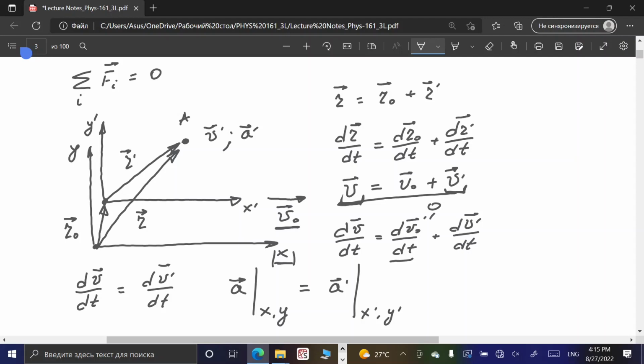So, highlighting these features of inertial systems of coordinates and references, and also how velocity vector and acceleration vector can change when we go from one inertial system to another, we can proceed further with the discussion of laws of motion and introduce the second law of motion, which gives us the relationship between force and acceleration. So how would you formulate the second law of motion?